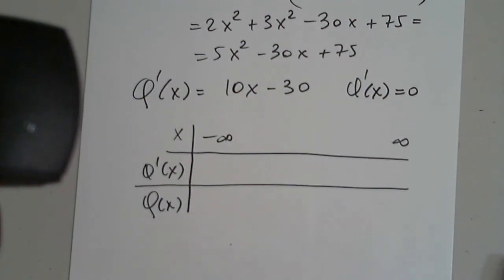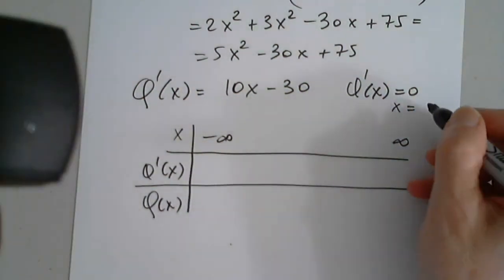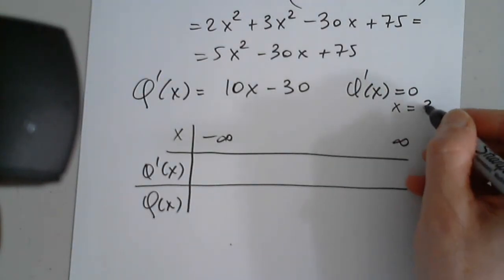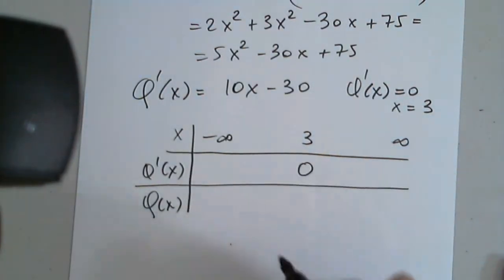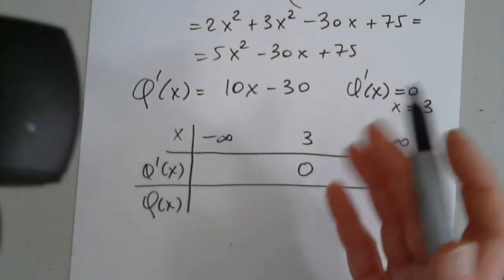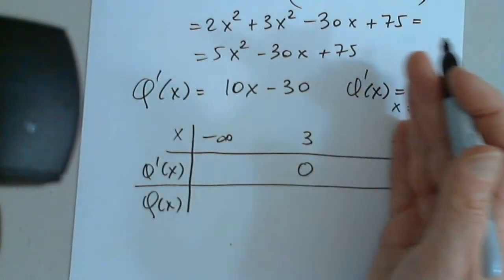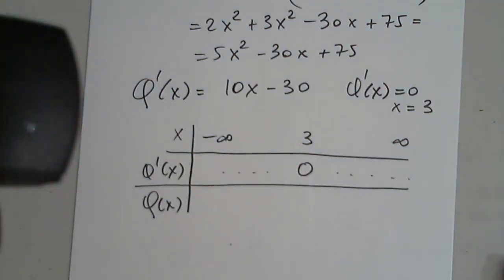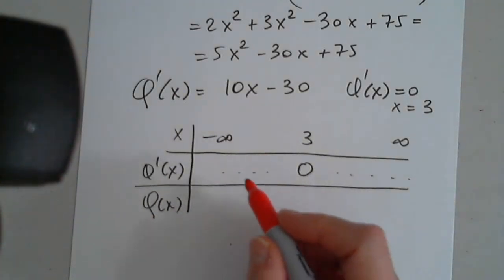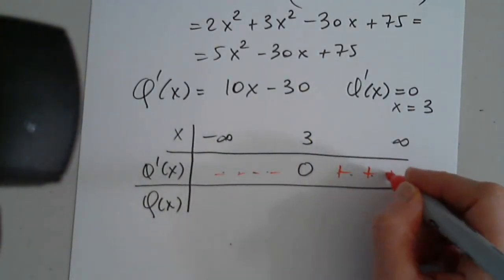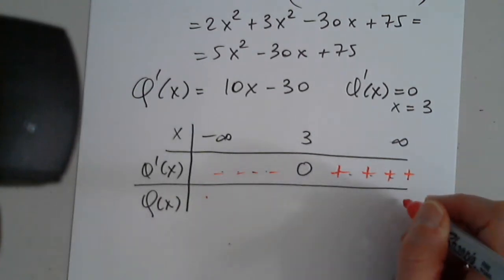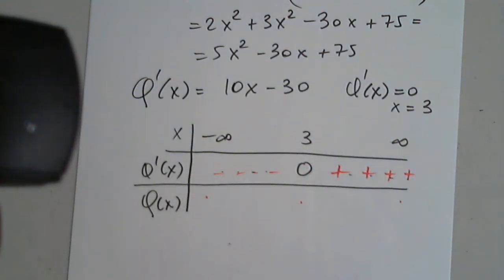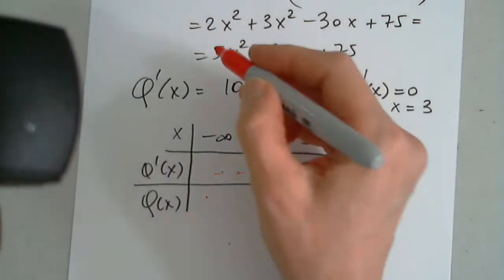What do I get? X is 3. Very good, awesome. The sign to the left, plug in any number to the left of 3 and any number to the right of 3 so I can find the sign. Negative on the left and positive on the right. Very good, awesome. I also want the limits at infinity, and then I also need to plug in 3 in the function.